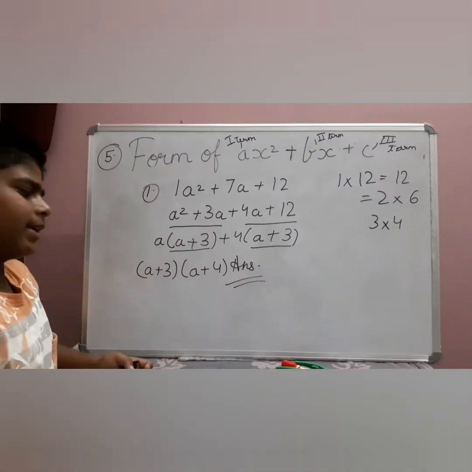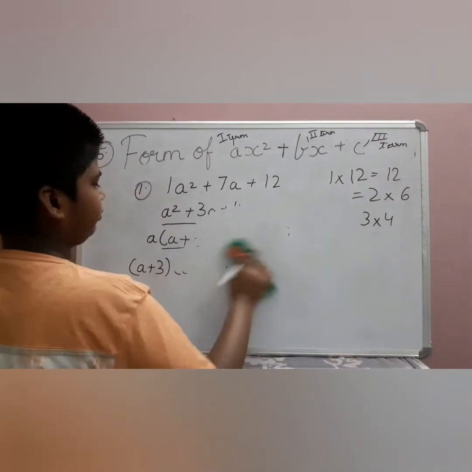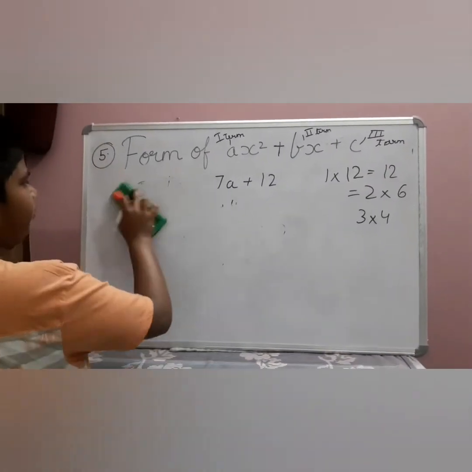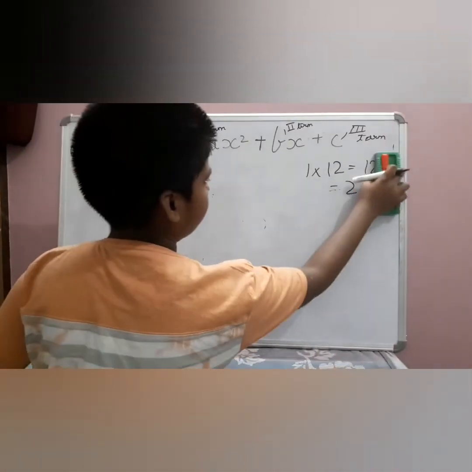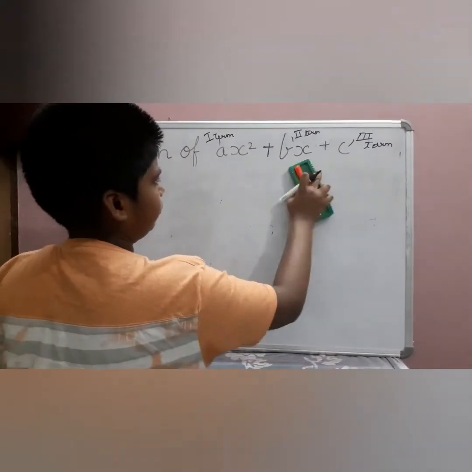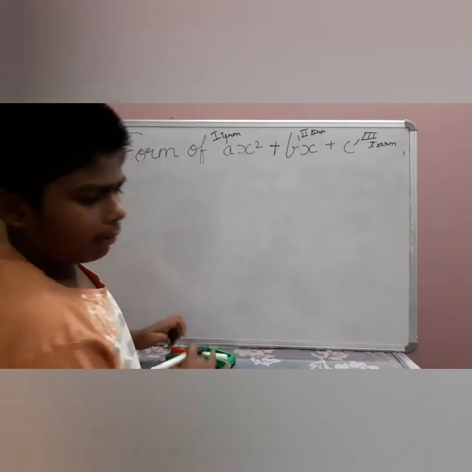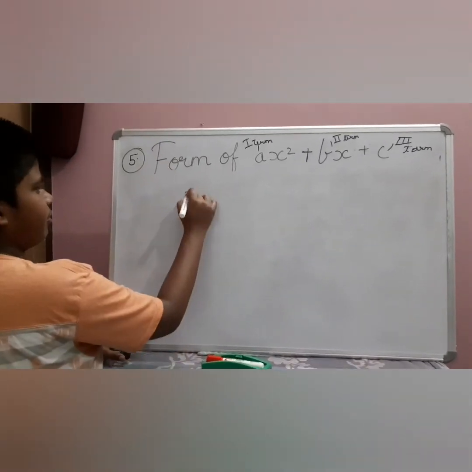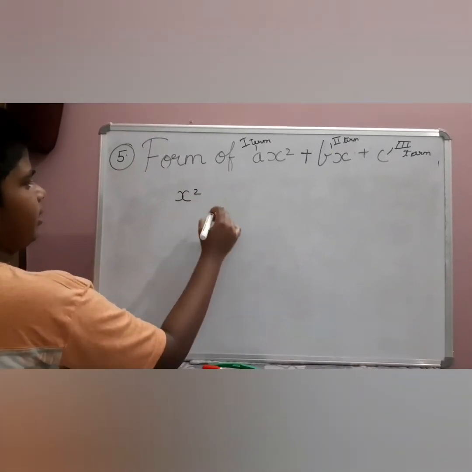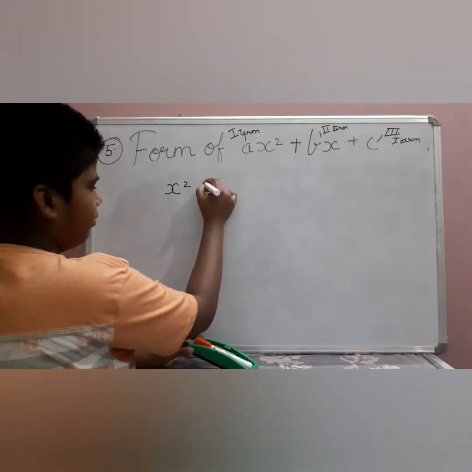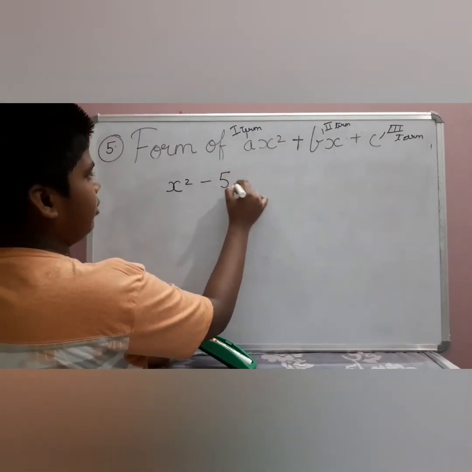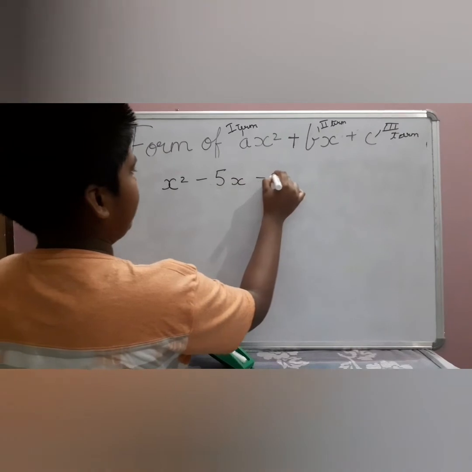We can take a second example also. Now our expression is like this: x square minus 5x minus 50.